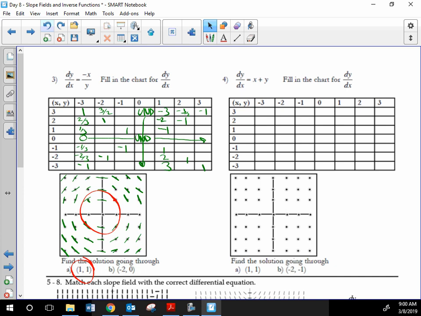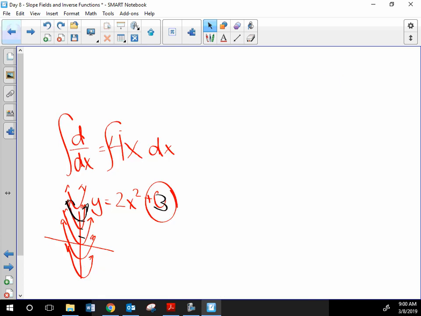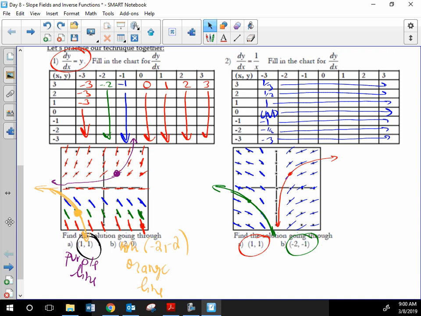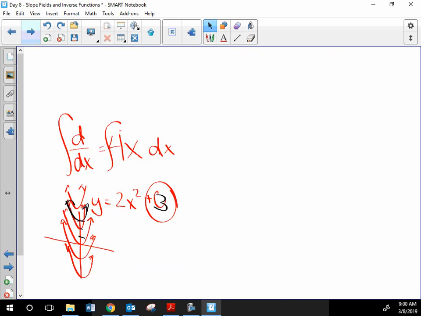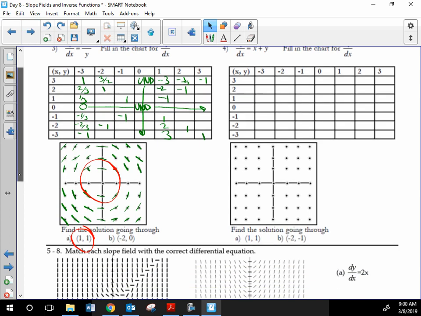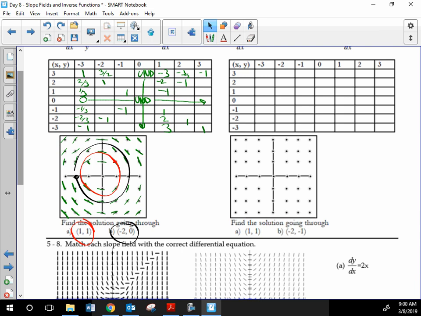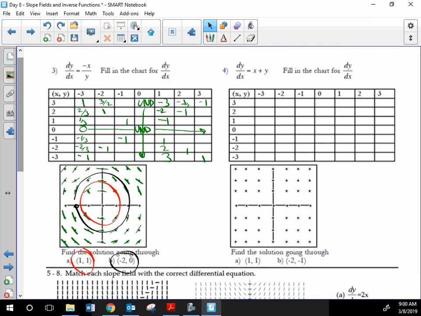Obviously, depending upon where you are in the graph, this looks different than this because of where we're located, but we should see that all these ones on top have the same general idea, and all these ones on the bottom have the same general idea. All right, so then the point -2, 0. So again, we're going to have approximately this one. All right, questions with that?